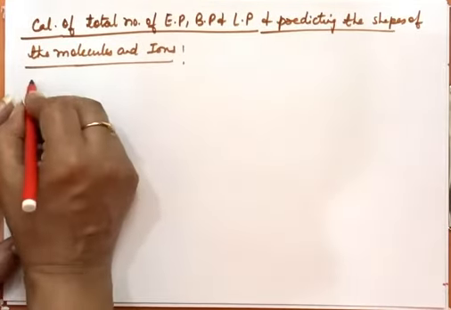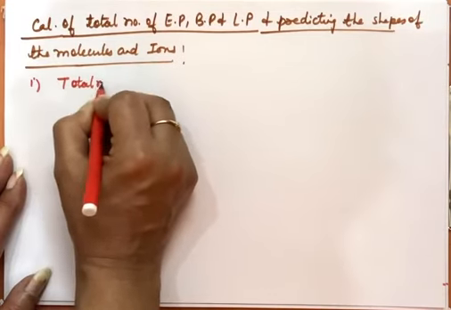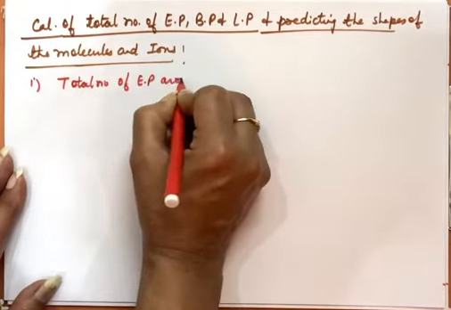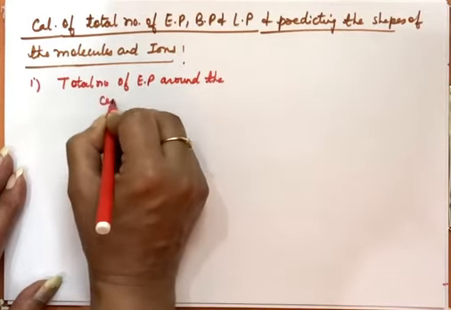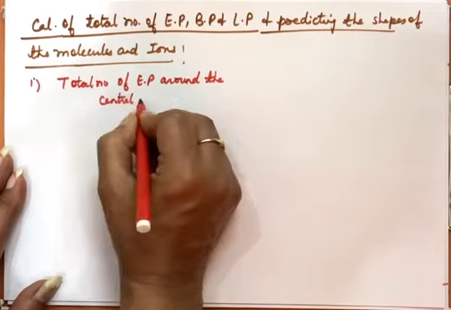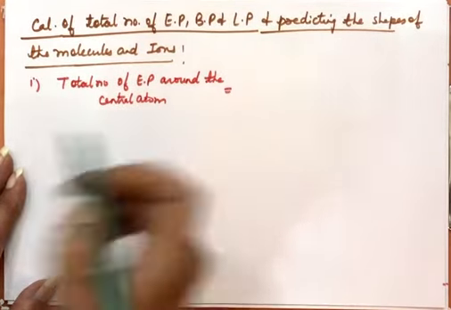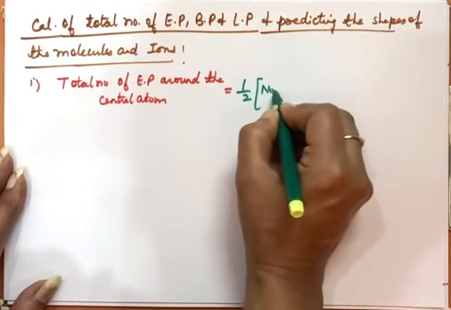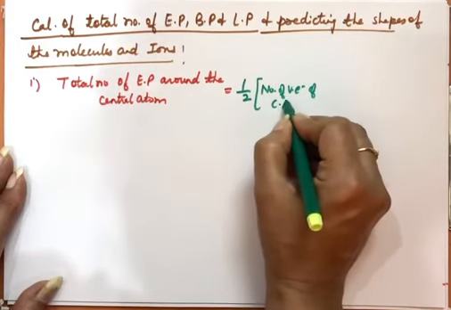The first step of this method is the total number of electron pairs around the central atom. How can we calculate the total number of electron pairs around the central atom? This is equal to half of the number of valence electrons of the central atom.